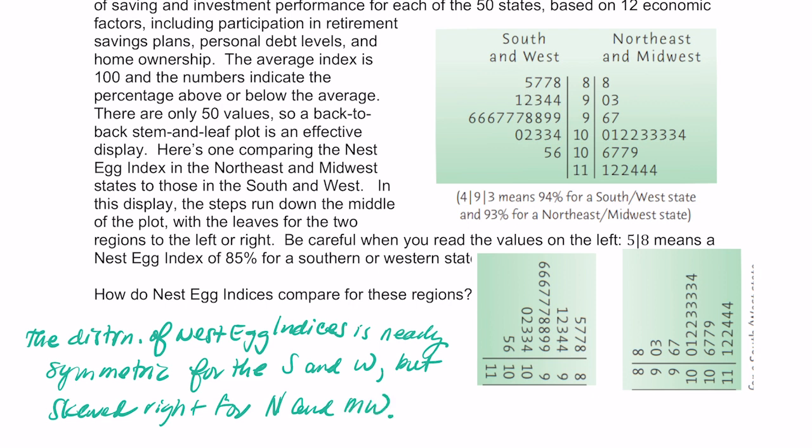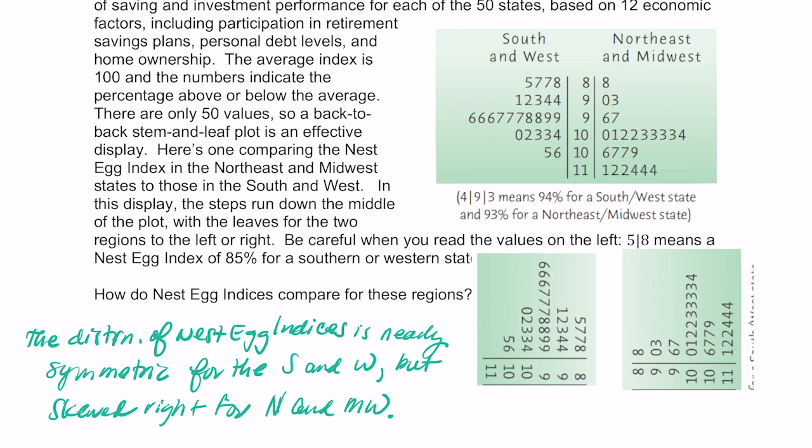Okay, so we compared the shapes. What's the next thing I want to compare? I want to compare the spread, and I want to compare the centers. So if we take a look at the South and West, we can see that it ranges from 85 all the way up to about 106. Okay, and then we can see that the Northeast and Midwest goes from 88 all the way up to 114, okay?